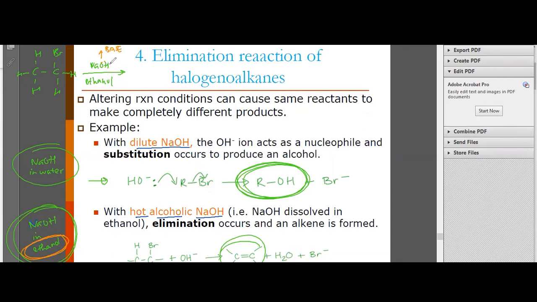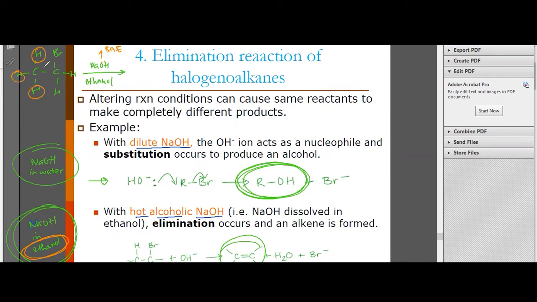As a base, OH minus will try to find H plus. You should understand which H plus will be attacked by OH minus. It is the H on the C adjacent to the CBr, so this H or this or this.